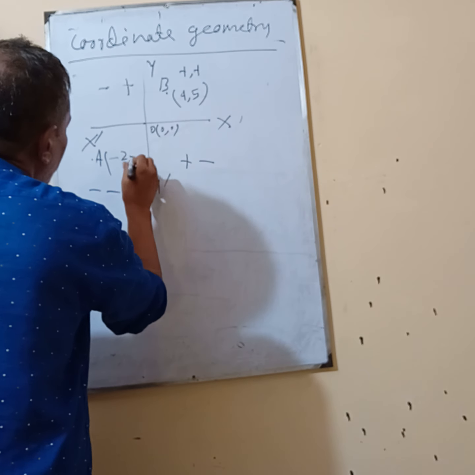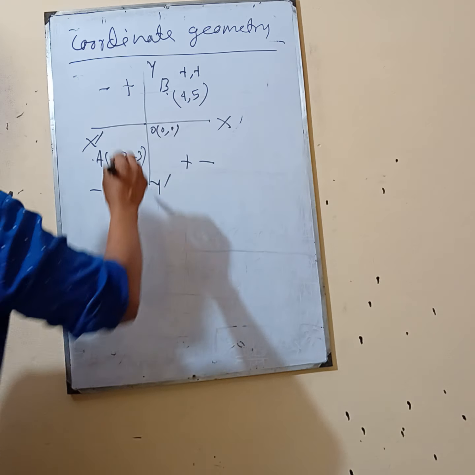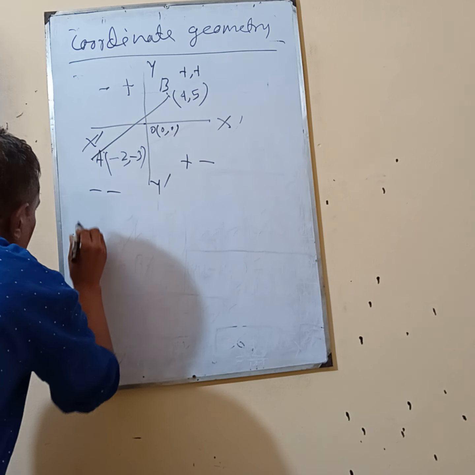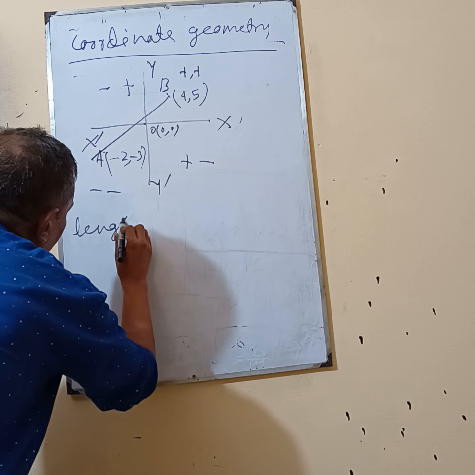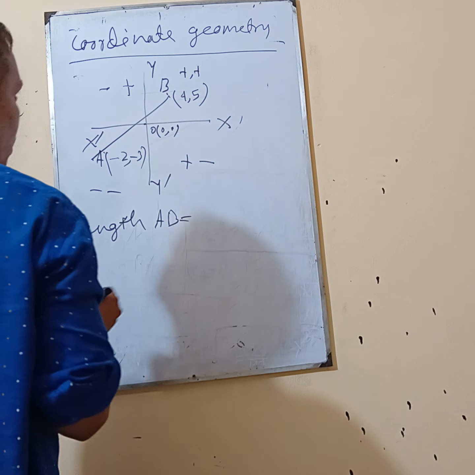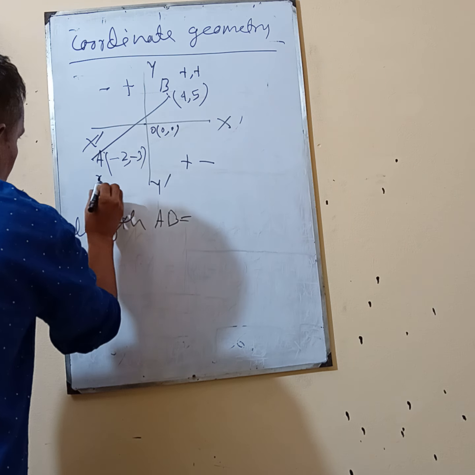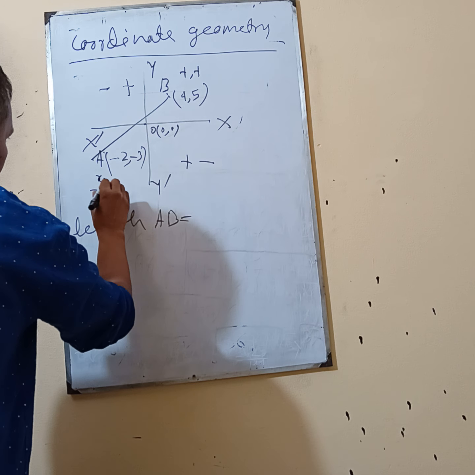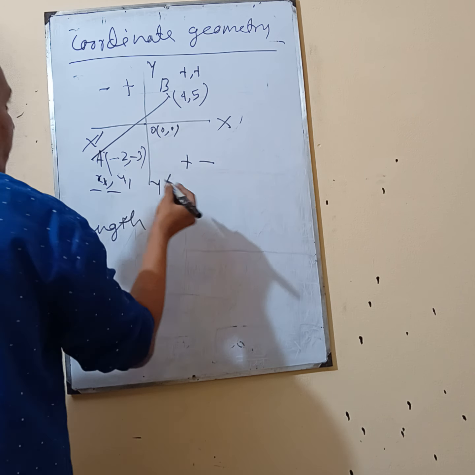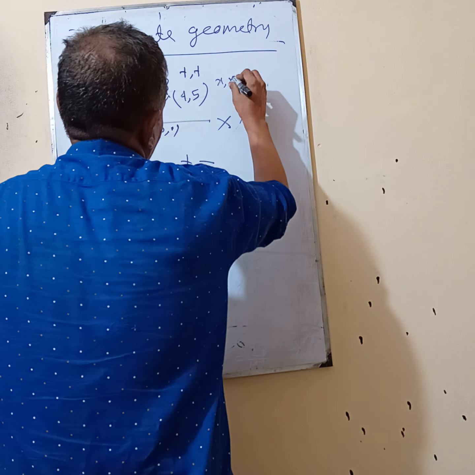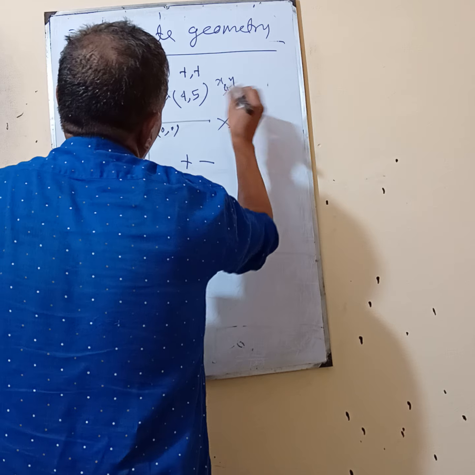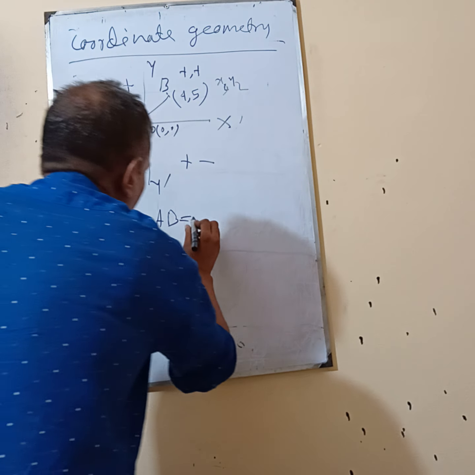Suppose minus 2, minus 3 is A. The length of AB: this is x2, this is y2, x1, y1. So x2 minus x1 whole square, y2 minus y1 whole square.